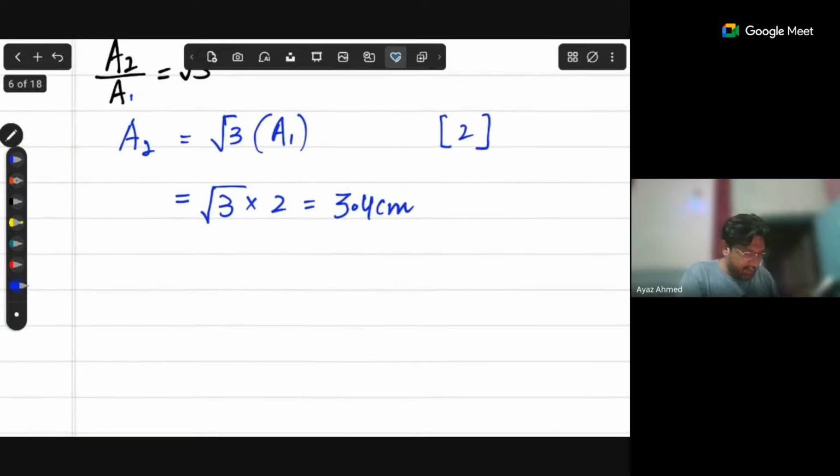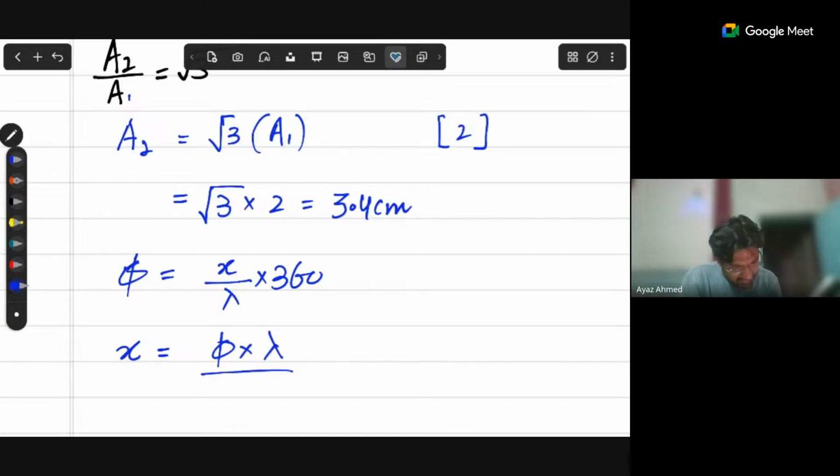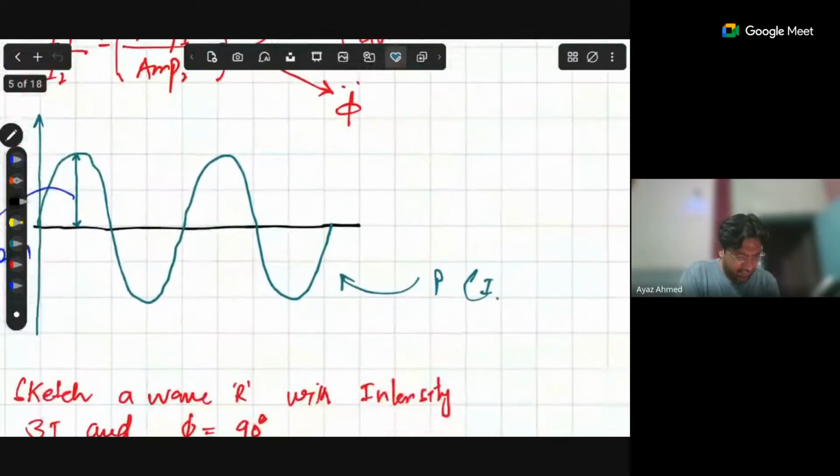You did it. Now you will calculate the phase difference, which is equal to x divided by lambda into 360. From here, you either know the phase difference, or you can show at which point you have to start this wave. So x is equal to phase difference times lambda upon 360. The phase difference is 90 degrees, into the lambda of this wave, because they are monochromatic waves.